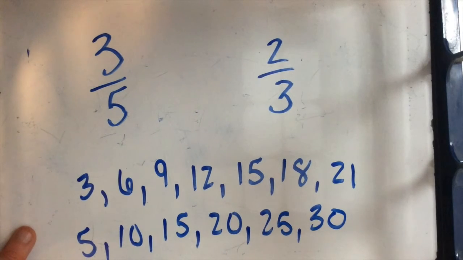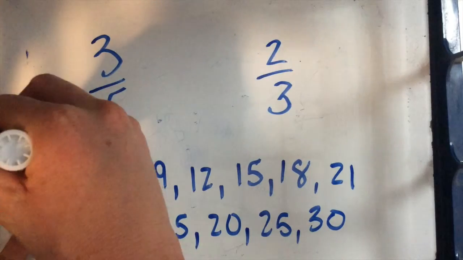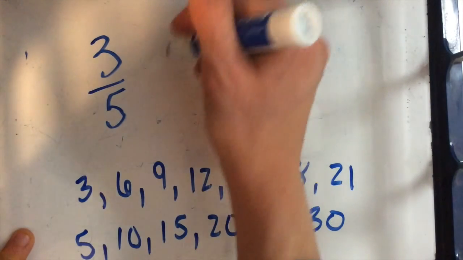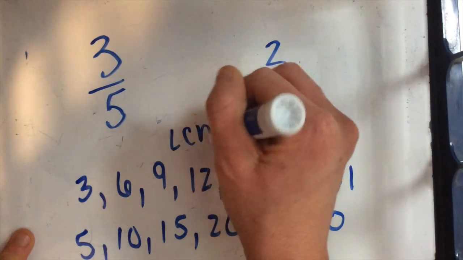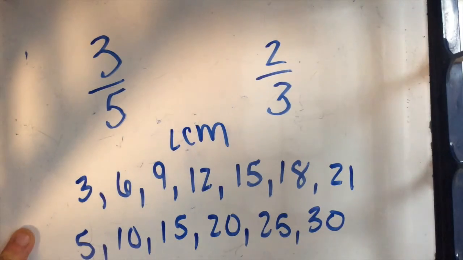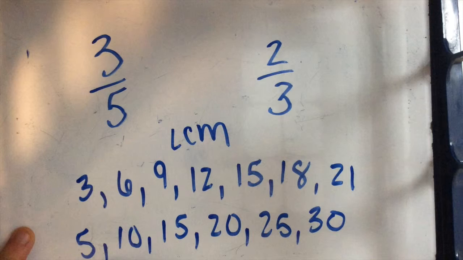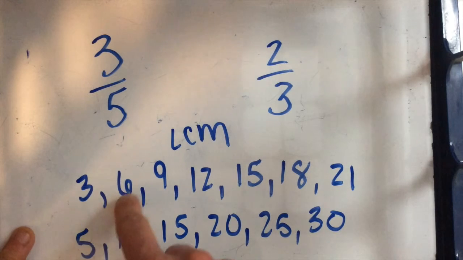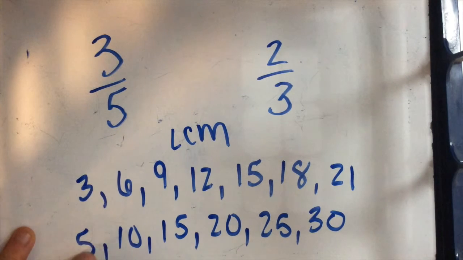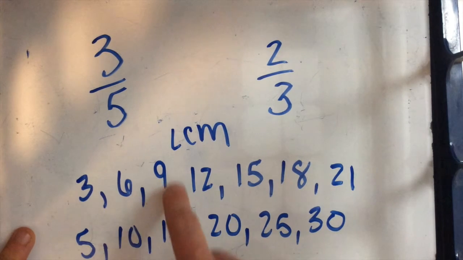Now, the least common multiple, remember we're looking for the LCM, least common multiple, means we want the lowest number that's the same between these two lists of multiples, okay? So let's see, 6 and 10 are not common or the same.